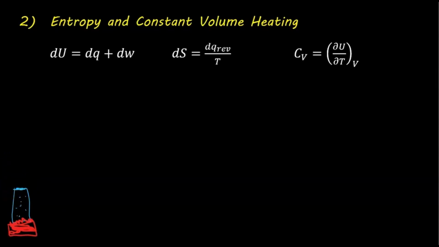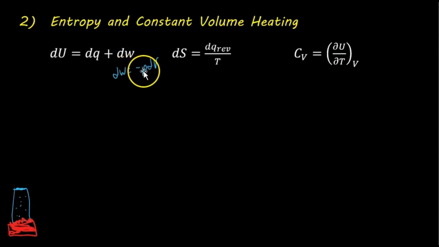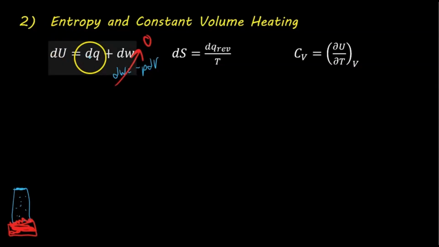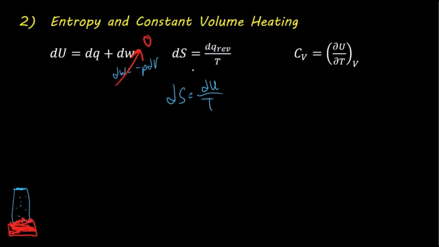Now, if this is a gas, and only PV work is allowed, and dw is equal to negative PdV, again, if this is a reversible process, then this is the pressure of the system. This is an equal sign here. And we're not allowing volume to change, so this work term is 0. So we're left with dU equals dq. And we can literally plug that into here. So dS equals dq over temperature.